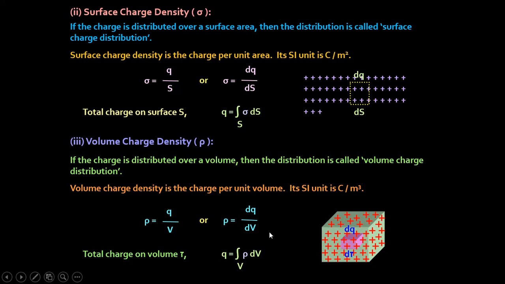So in this way, these are the three different charge densities: linear charge density, surface charge density, and volume charge density. So you should remember the formula for each concept and the SI unit.